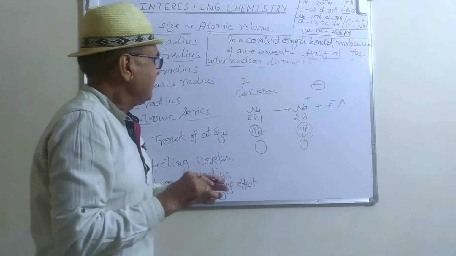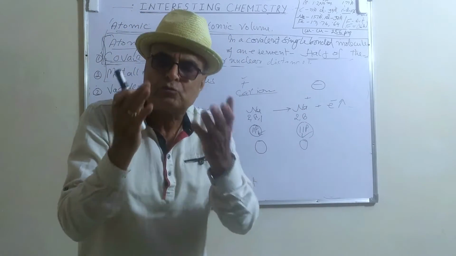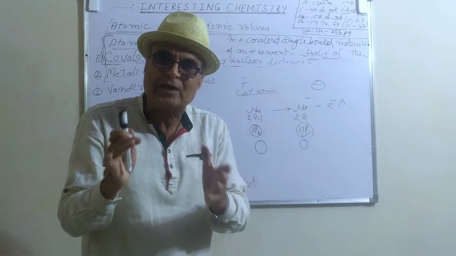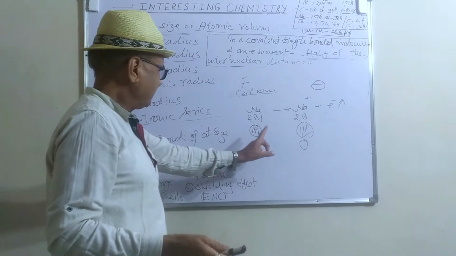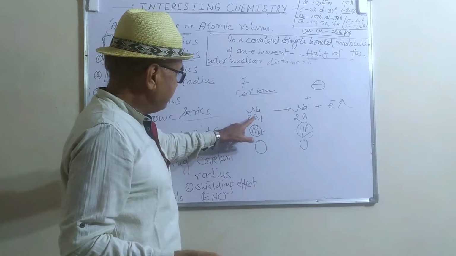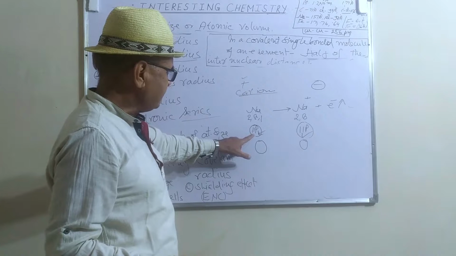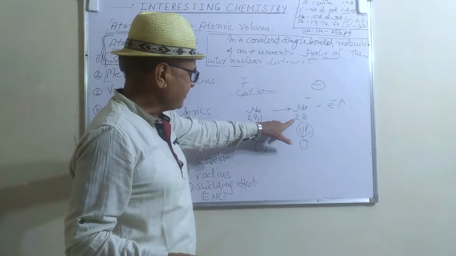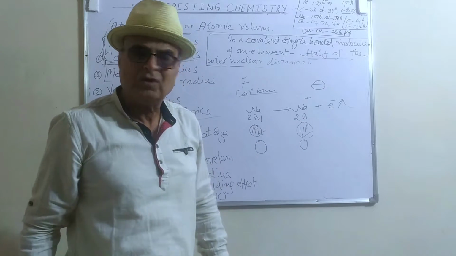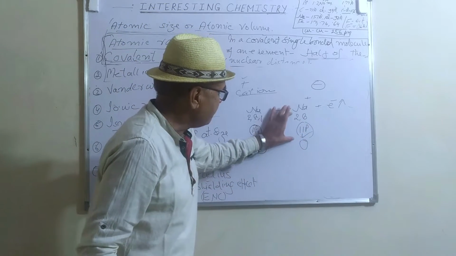So always the size of the cation will be smaller than the atom. Why? Here 11 electrons are attracted by the 11 protons, and here 10 electrons are attracted by the 11 protons.